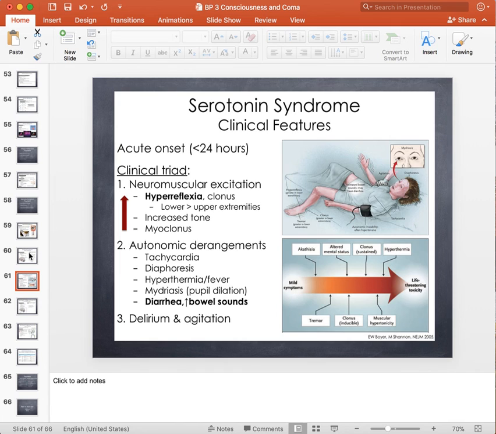You can have myoclonus, so everything is really excited. Also, autonomically, everything is revved up: high heart rates, you can have a fever, diaphoresis. And also because serotonin has a role in regulating our bowels, you get a revved up bowel system. So bowel sounds might be increased, and people might have diarrhea.